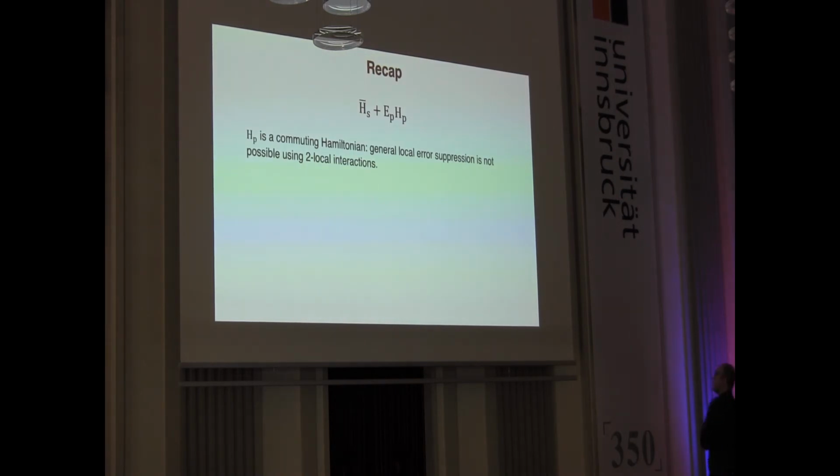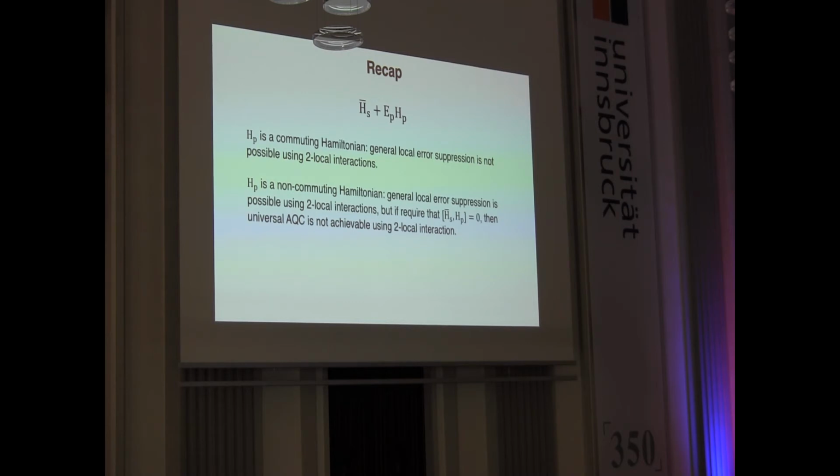Just as a recap, we were talking about implementing this Hamiltonian. The idea is that I want to protect against some type of errors, and I also want to perform my computation. We started by saying that if the penalty Hamiltonian is commuting, we can't have error suppression using 2-local interactions.